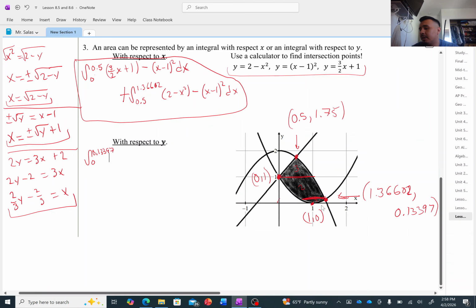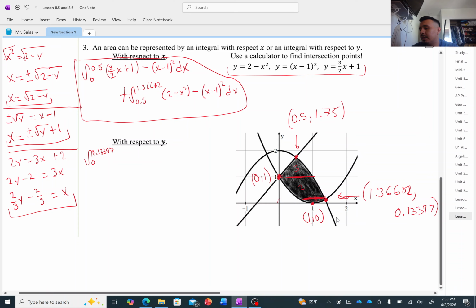We start from the rightmost side. The rightmost side would be the parabola, the negative parabola. Or in this case, no, hold on. I went from right to left. Yeah, it would be the right one. So it would be the positive one, because this positive one is furthest to the right. If you look, this one continues all the way up here, while this one gets cut off here.